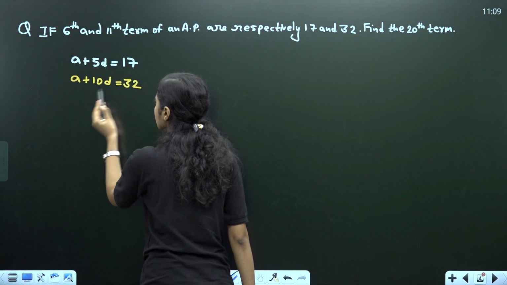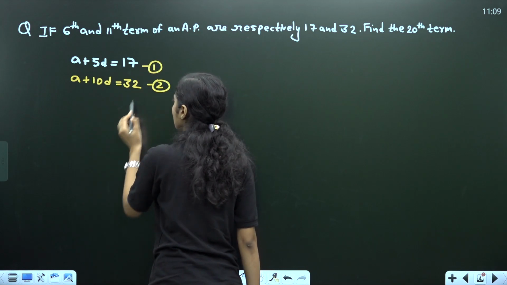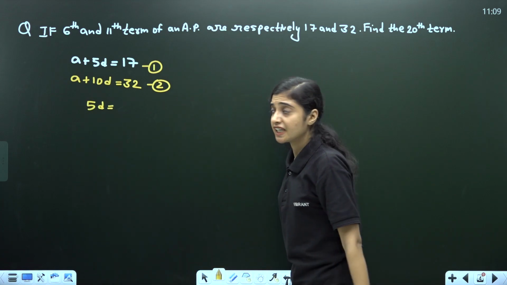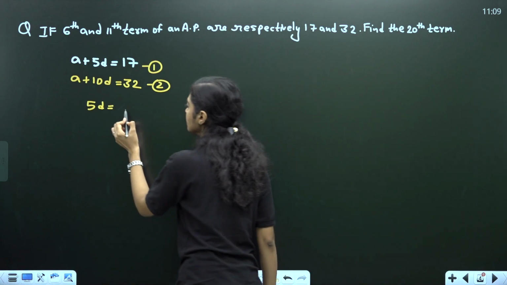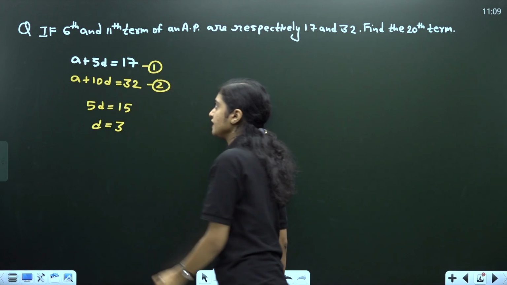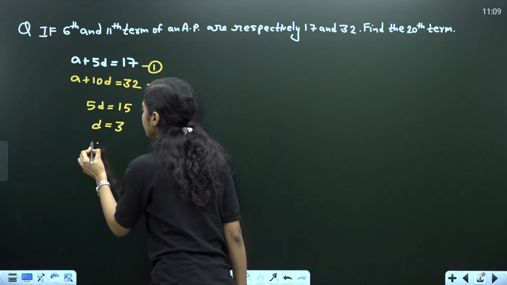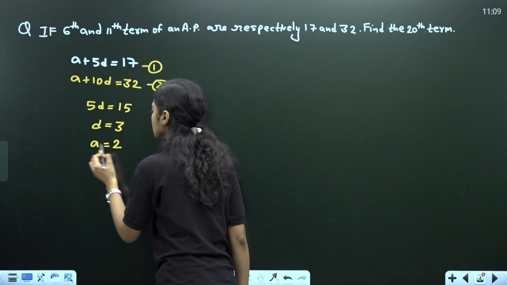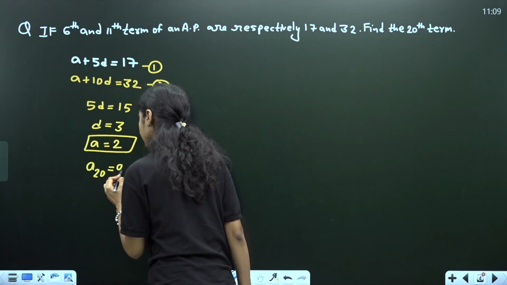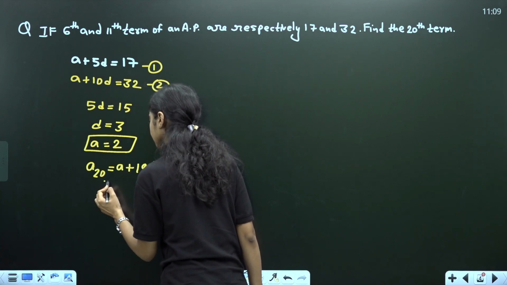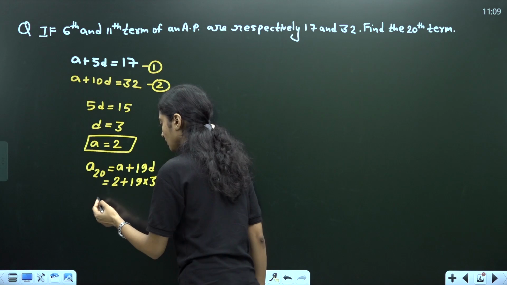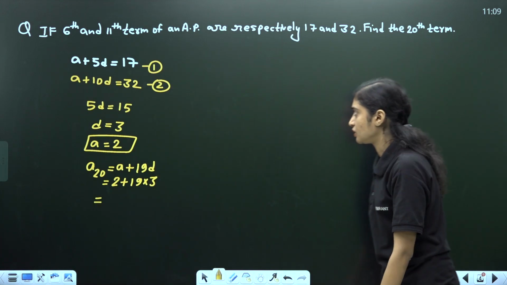If we simplify, we get the values of A and D. If we subtract the first equation from the second, we get 5D equals 15, D equals 3. Put the value of D in the first equation, we get A equals 2. Now the 20th term a20 equals A plus 19D. We calculate it and get the value of the a20 term.